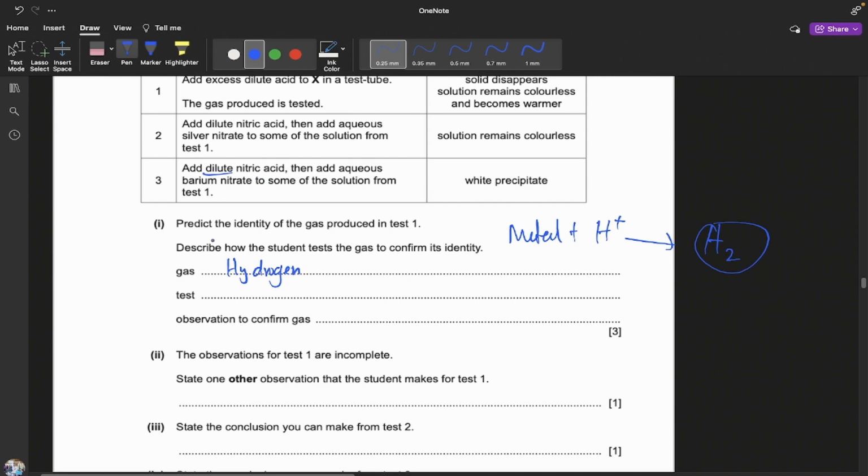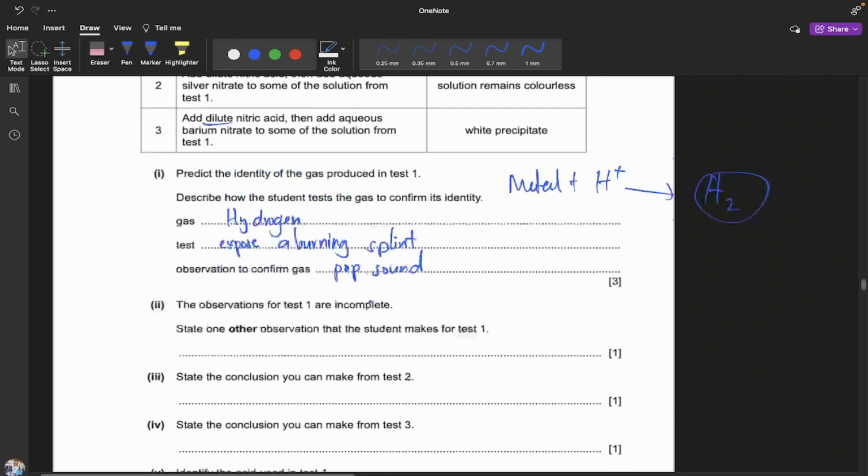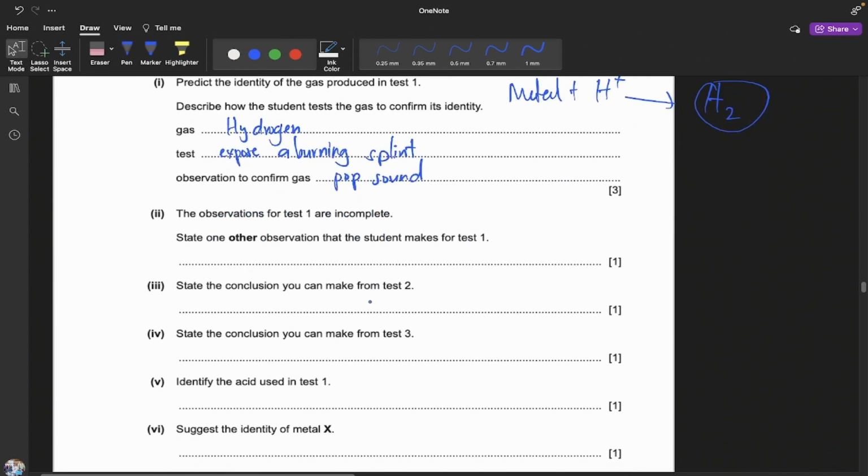Okay. The test is to expose a burning splint to the gas. Observation: pop. So this is one of the famous experiments in the lesson. The observations for test 1 are incomplete. State 1 other observation the student makes in test 1.